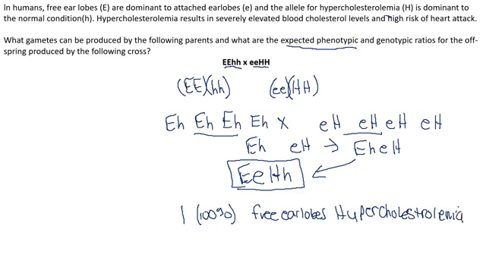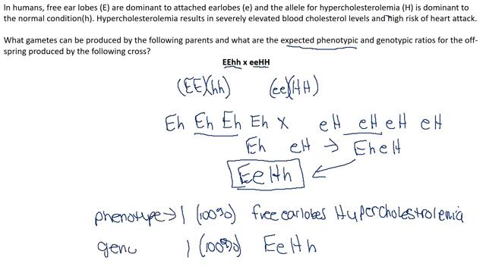That's the phenotype. And of course, 100%, or 1, are going to be heterozygous in terms of genotype for both of the characters. So this is phenotype, and this is genotype.